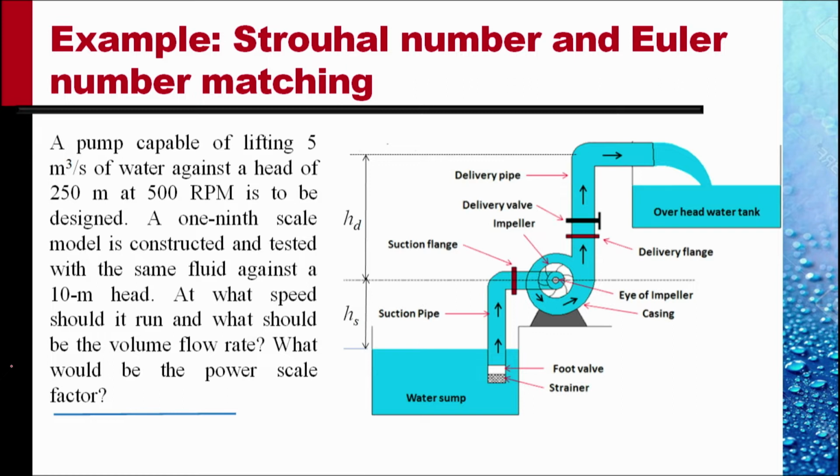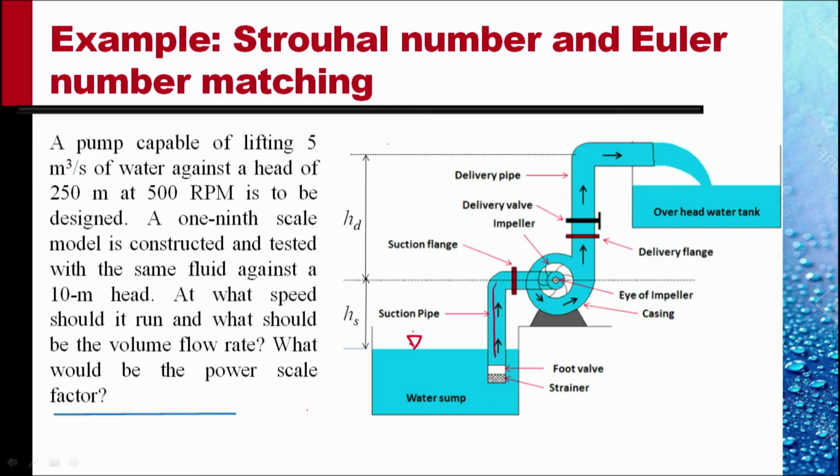The pressure through this pipe is subatmospheric because pressure here is atmospheric. So pressure through this pipe is subatmospheric. There is a jump in pressure at the pump, and then the pressure reduces further, and at the exit the pressure is atmospheric again.